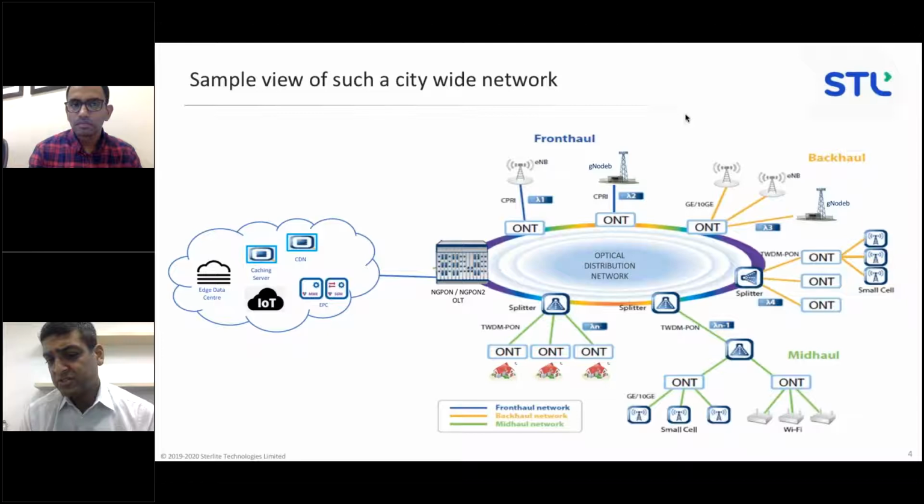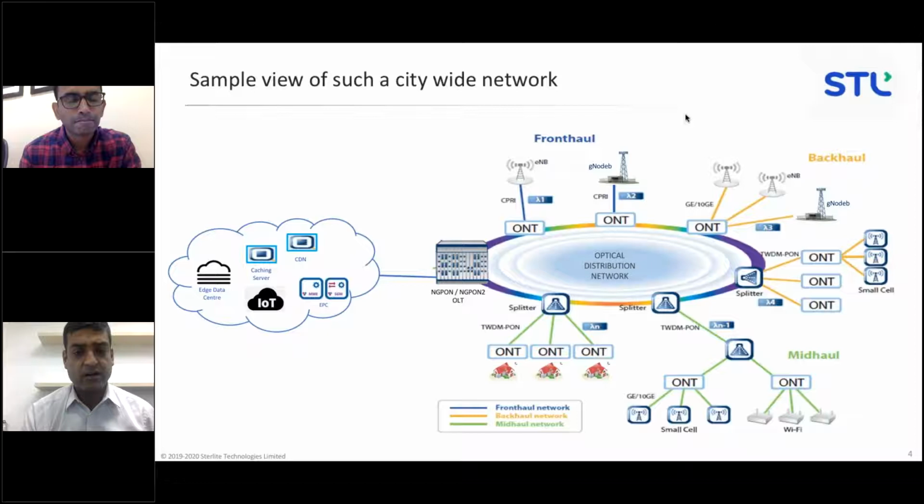If you took a schematic of a citywide network and you took the local access network starting with the NG-PON2 OLT, you have an optical distribution network in which every different aspect of the network, the front haul, the back haul, the mid haul, every one of these is changing.